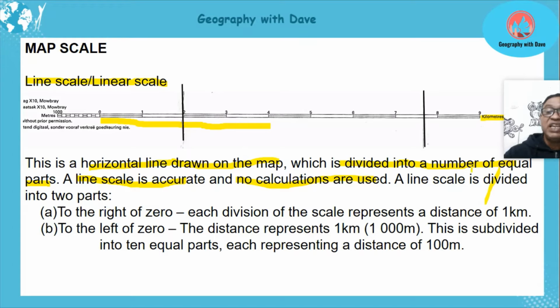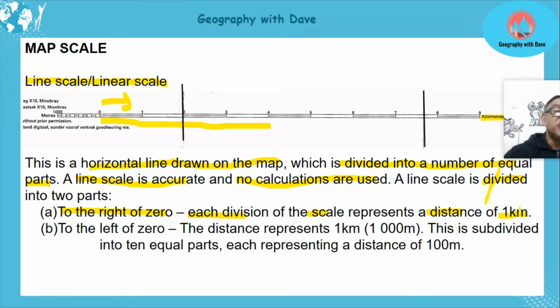Now it's divided into two actual parts. So let's look at the parts itself. To the right of the zero, this is the zero, we find each division of the scale represents a distance of 1 kilometer.